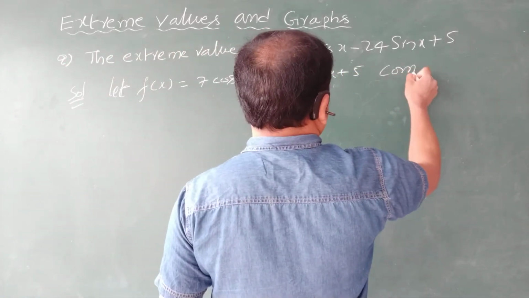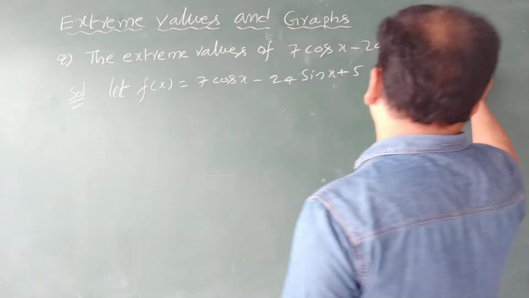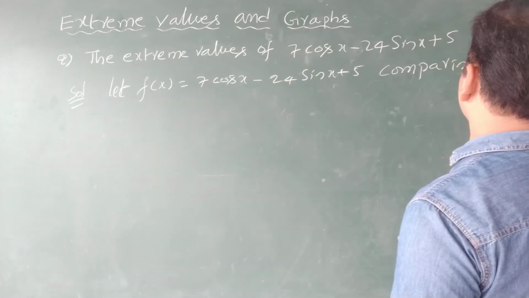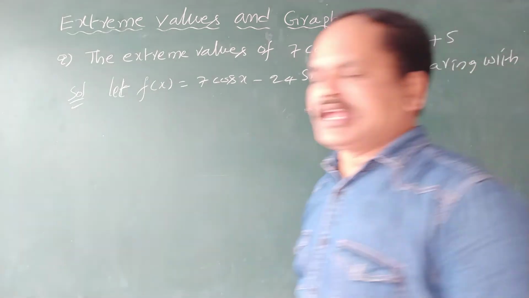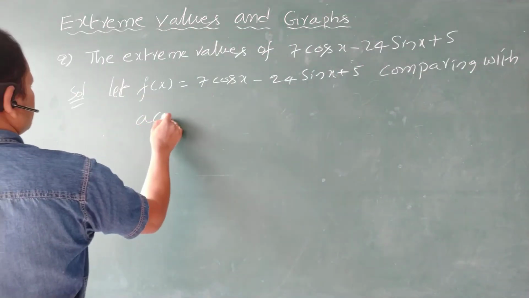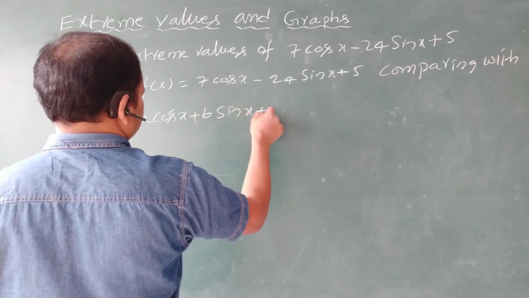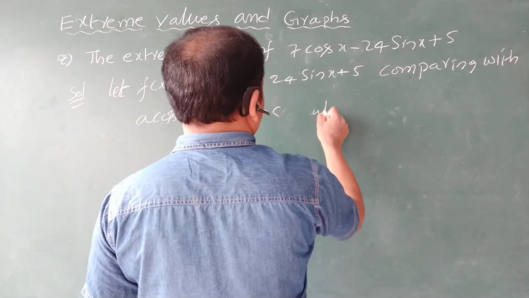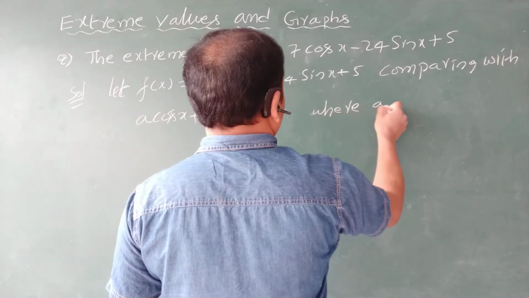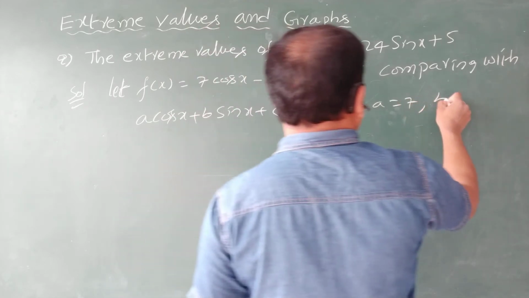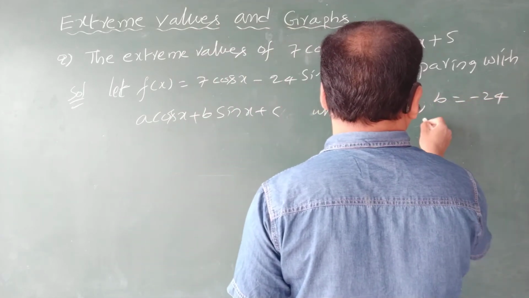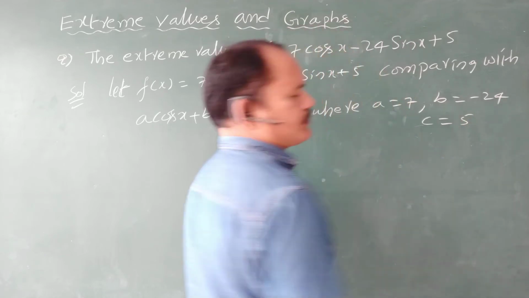Comparing with a cos x plus b sin x plus c, where a is equal to 7, b is equal to minus 24, and c is equal to 5.